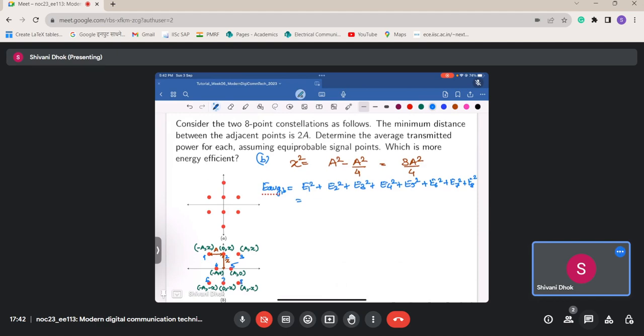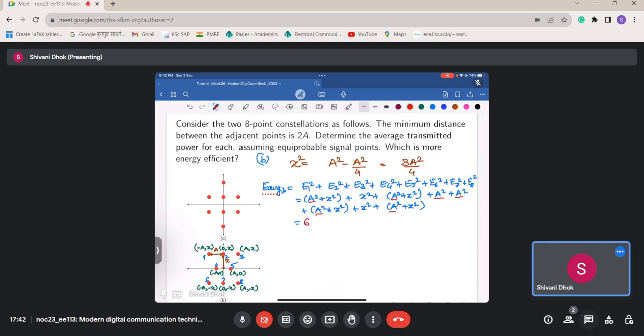So this e1 square will be a square plus x square, e2 will be x square plus a square, and so on.